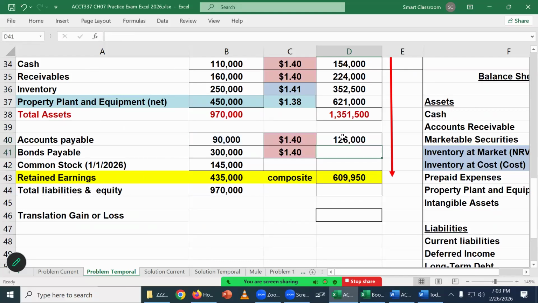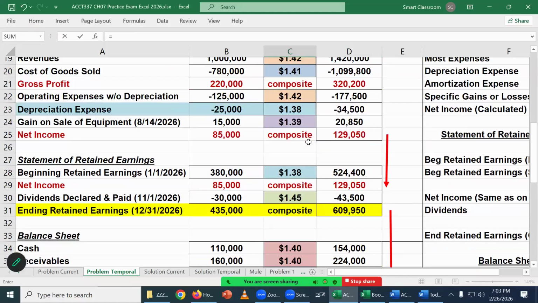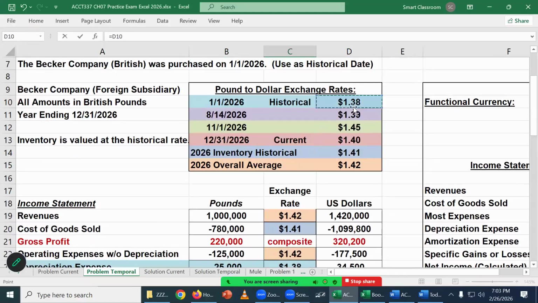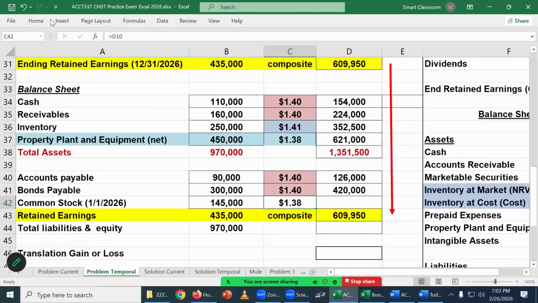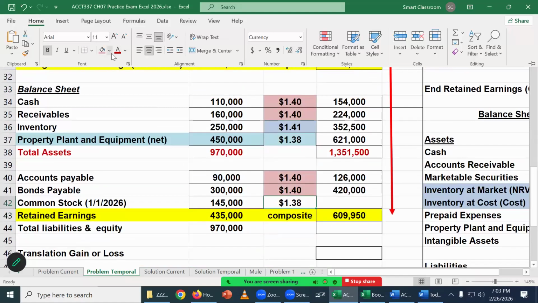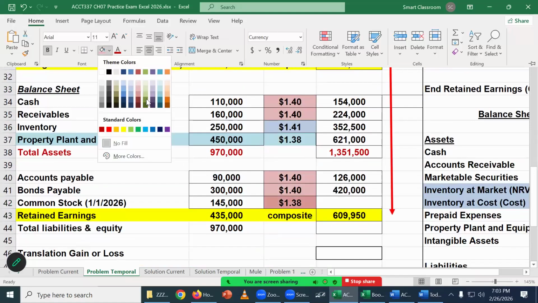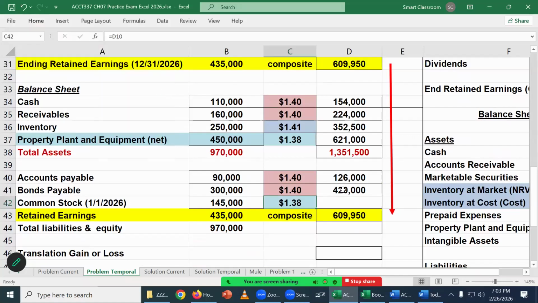It'll always go back to the beginning. The original historical cost on the first of the year. That one. You guys want to take a break or just keep going? Keep going.